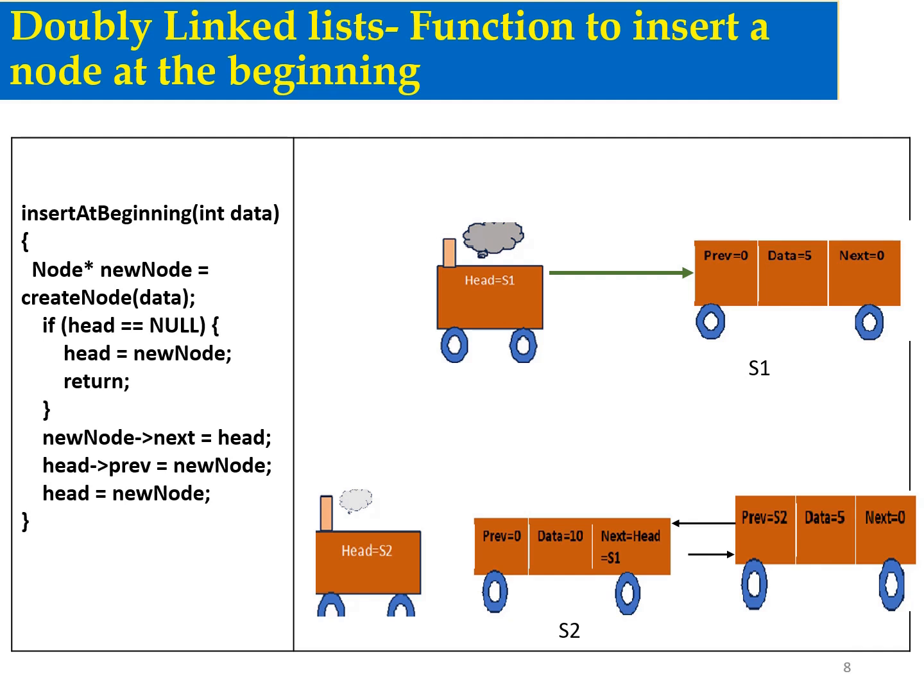So this should be connected to new node of next, changed to S1, and head is S1 only here, and head of previous is this 0. This 0 has to be modified to the attached new node S2. So previous of S2, where we will write this one. So head of previous is new node. So here we will get S2.